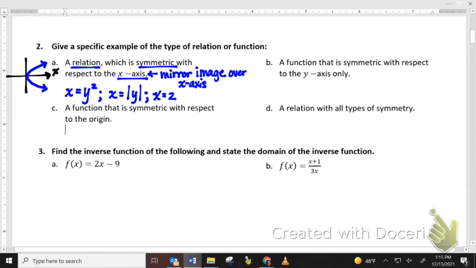Let's take that idea now and go look at part B. What do they want me to do on part B? Yeah, symmetric to the y-axis only. So this is going to be a mirror image where? Yes, mirror image over y.